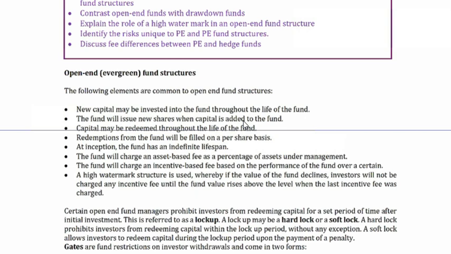In order to give us a little bit of a structure in terms of open-end or evergreen fund structures, let's look at some of the elements that are common to these types of structures. New capital can be invested anytime throughout the life of the fund.